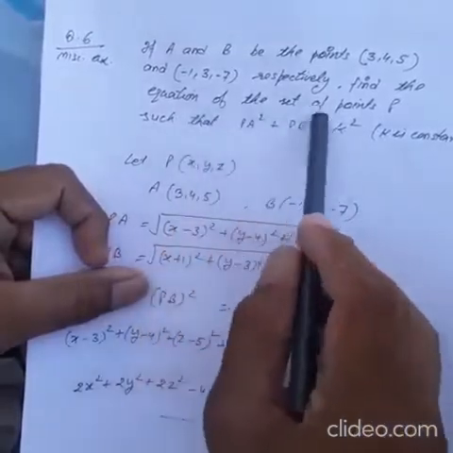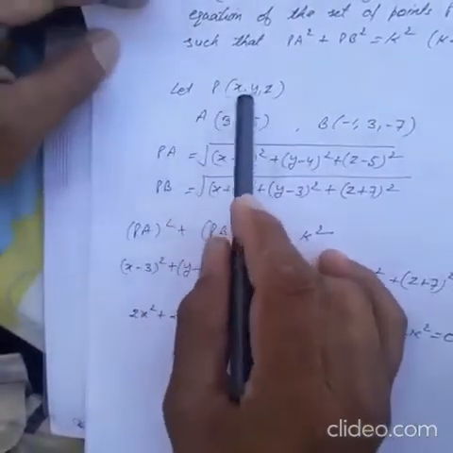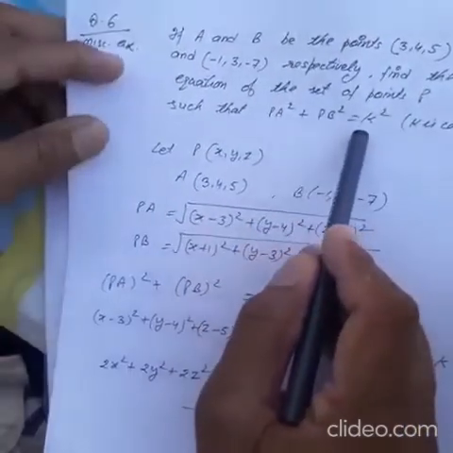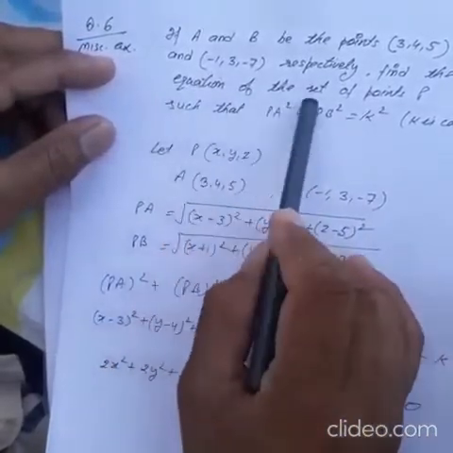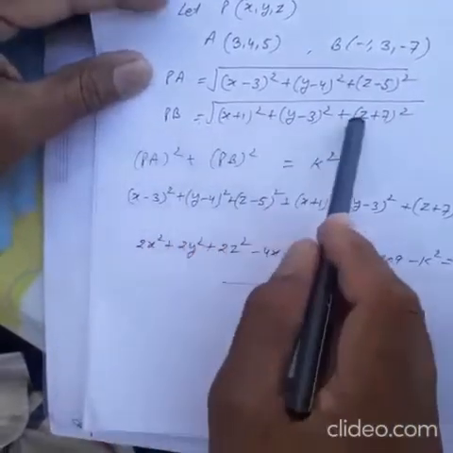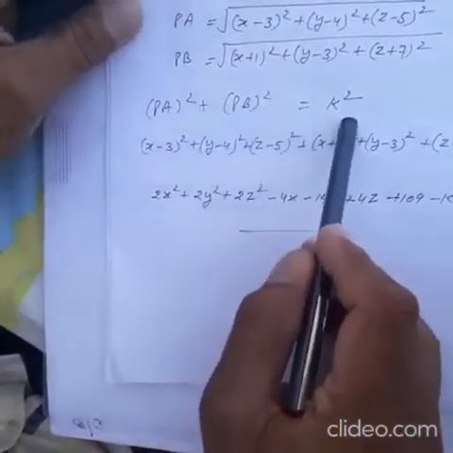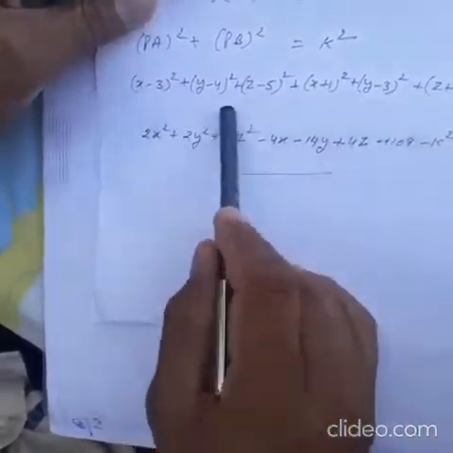So we want to find the equation of the set of point P. We will assume point P, let P point be (x, y, z). Using this condition, we will find a relation in x, y, z, so that will be the required equation. So find out distance PA, distance PB, apply this formula, PA square plus PB square is equal to k square. The condition is given, put values here and simplify.